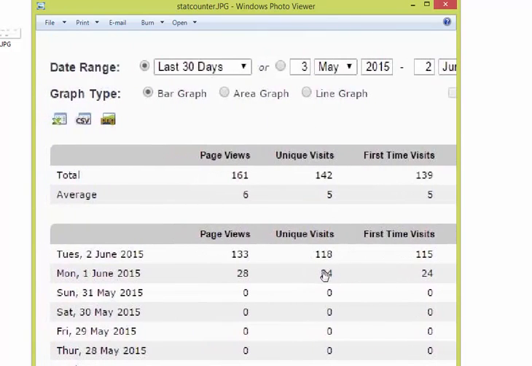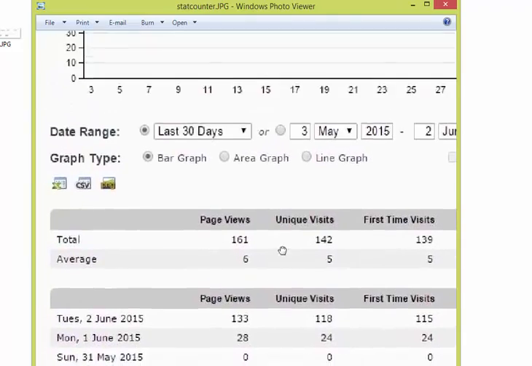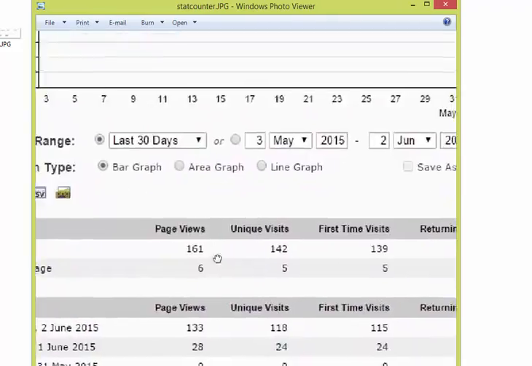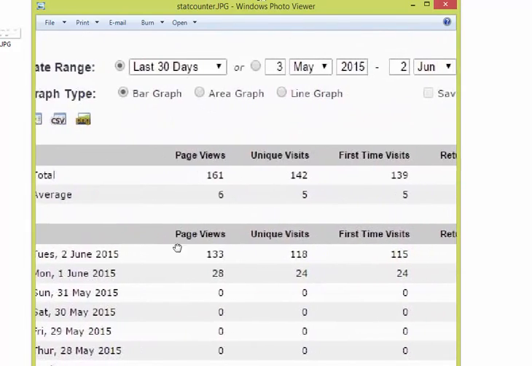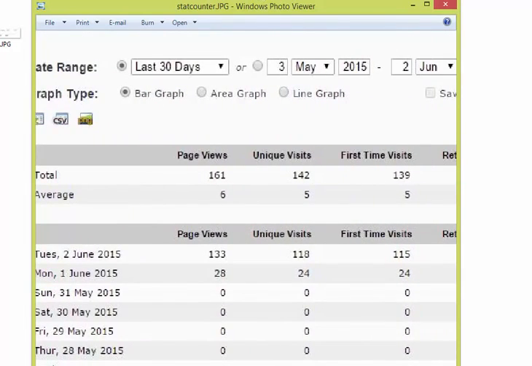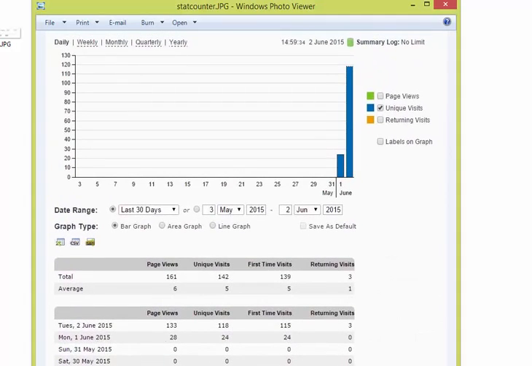Yesterday, and I started last night, I got 24 visits, and today I got 118 visits. So approximately 140, 150 visits since last night to this morning, so approximately 10 hours. The other thing to notice is that before today I literally didn't have any traffic at all. You can see it's all zero.